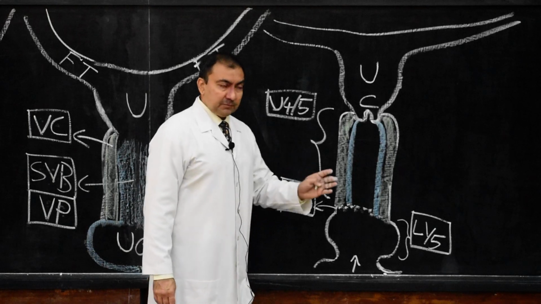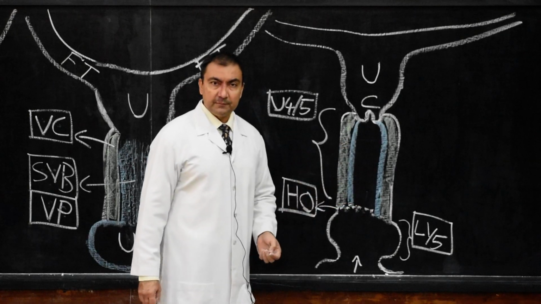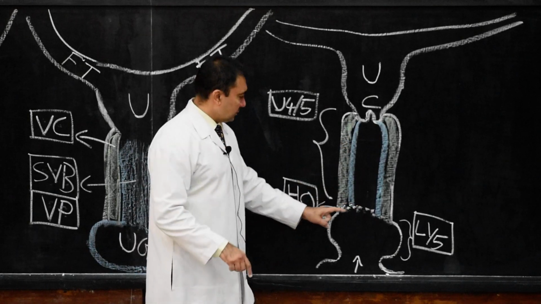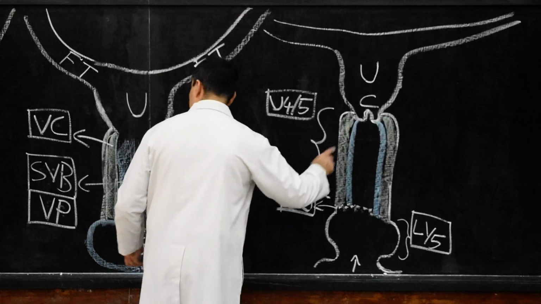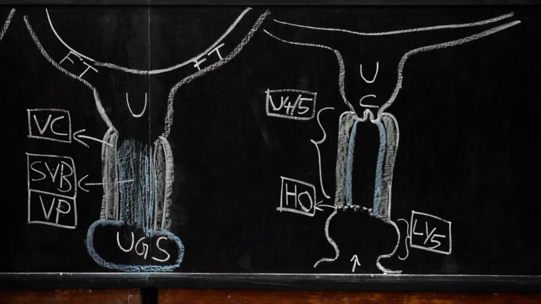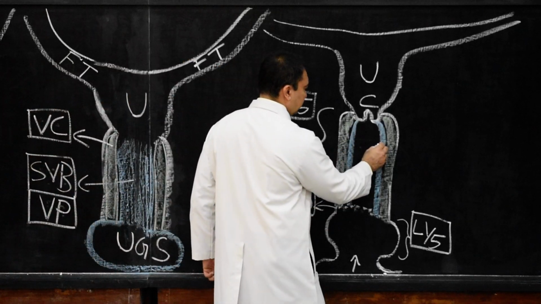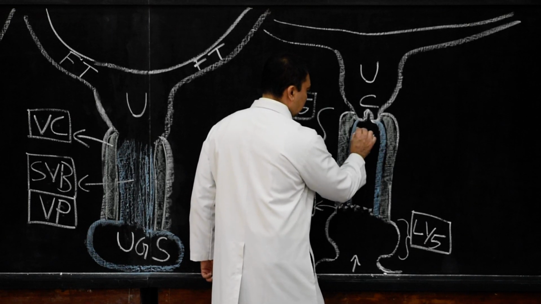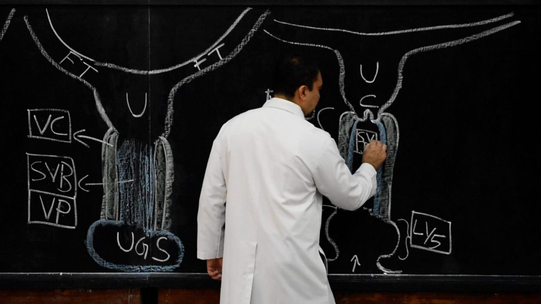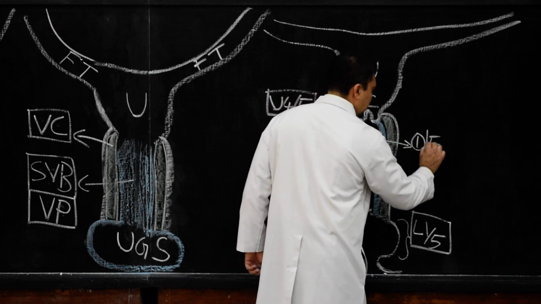Now this is very important. The upper 4/5 of the vagina is developed from canalization of the sino-vaginal bulb. So the mucous lining of the upper 4/5 is developed from the sinovaginal bulb, which is endodermal.